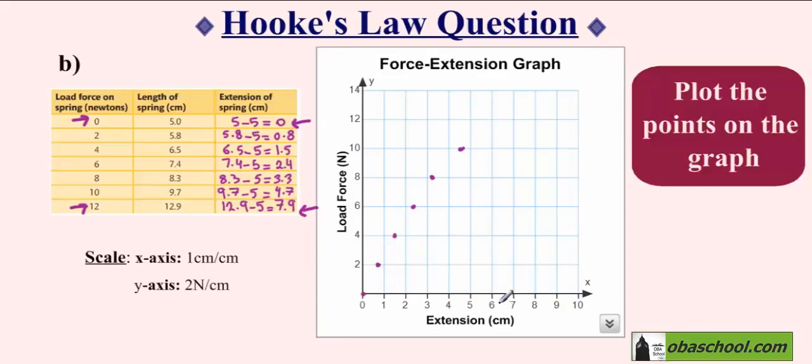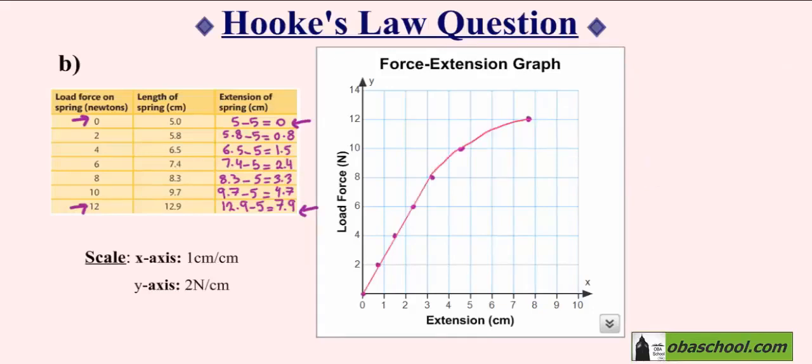And the last point, at x equals 7.9, the y equals 12. Now let's draw the line. We notice that it is an increasing straight line up to a point.